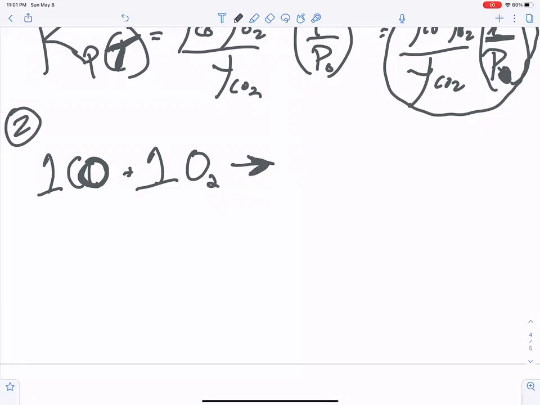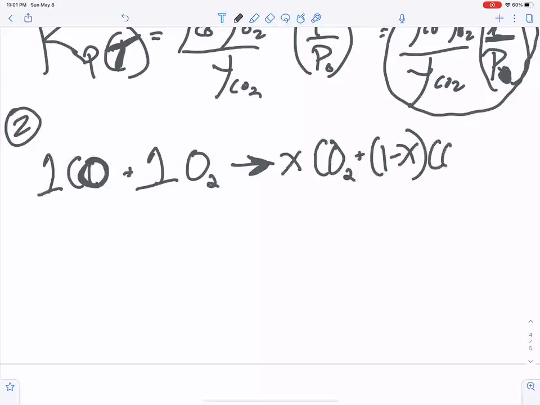But due to equilibrium, in the final product mixture there's going to be some finite unknown fraction going into CO2, and then whatever CO2 is formed, there's going to be a proportion of CO. So this is the split between CO and CO2 according to X, and then another unknown variable. We don't know how much O2 is going to be left over.